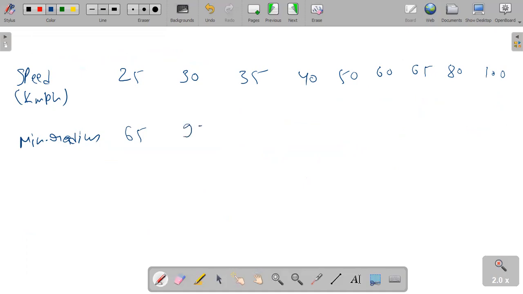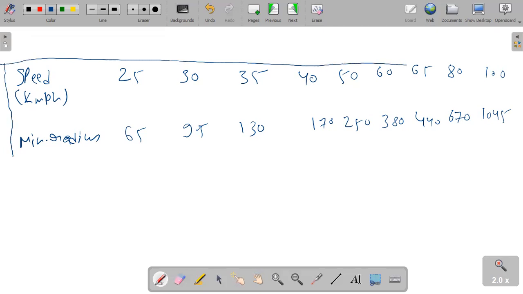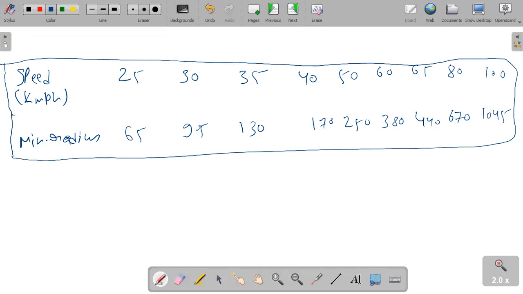For 30 it is 95, for 35 it is 130, for 40 it is 170, for 50 it is 250, for 60 it is 380, for 65 it is 440, for 80 it is 670, and for 100 it is 1045. Do remember this table, it will help you take assumptions while you solve numericals.